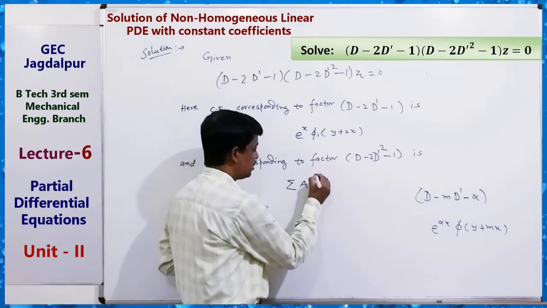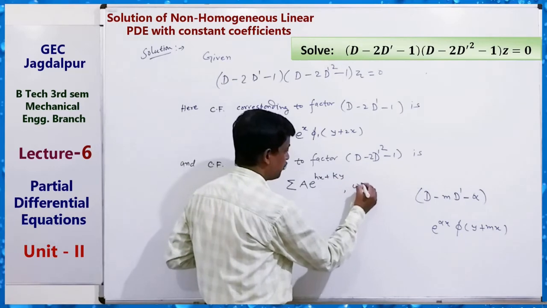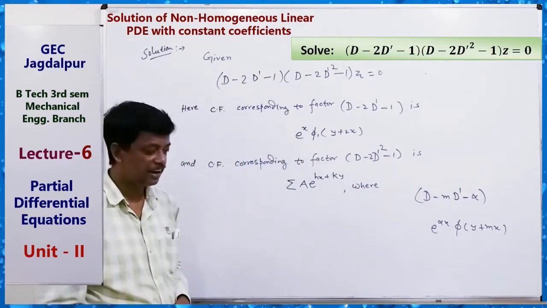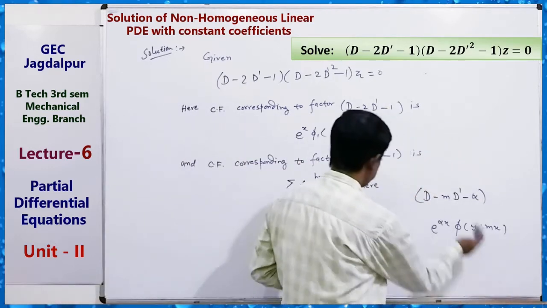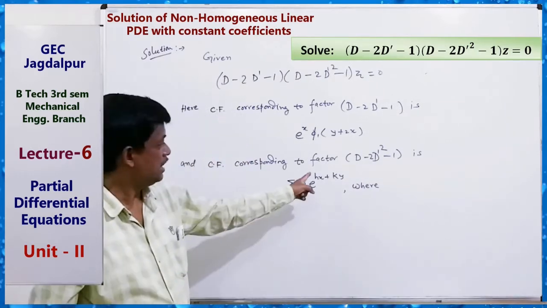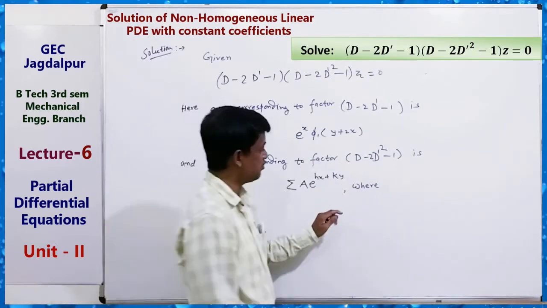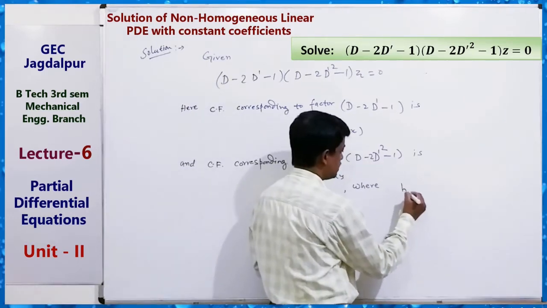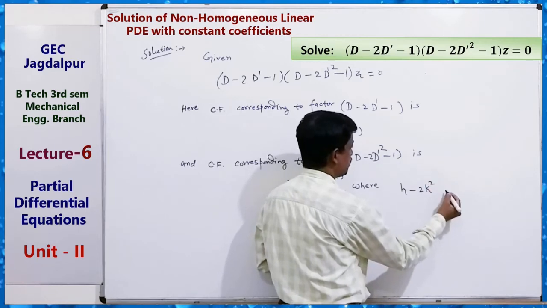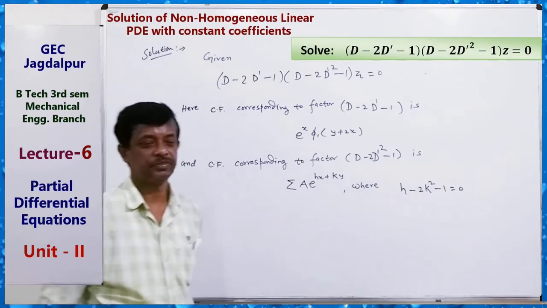So how can we write? e to the power hx plus ky, where h and k are related by the relation what? D means h, minus 2, D dash means k squared minus 1 equals to 0. Okay, we can write like this.